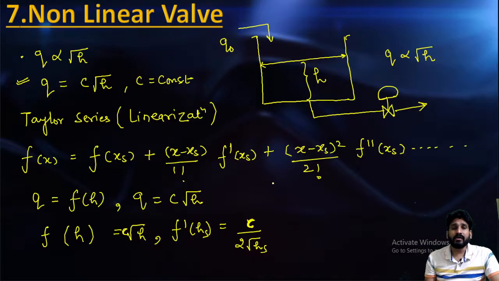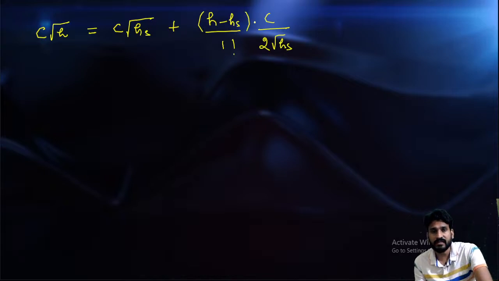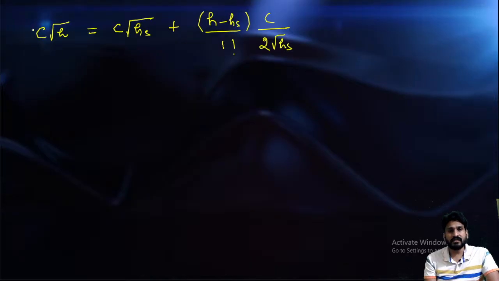But my approximation here is that the value of this term is not that significant, so I approximate it as 0. So I only need up to the first differentiation. This is the c square root of hs value after the linearization.